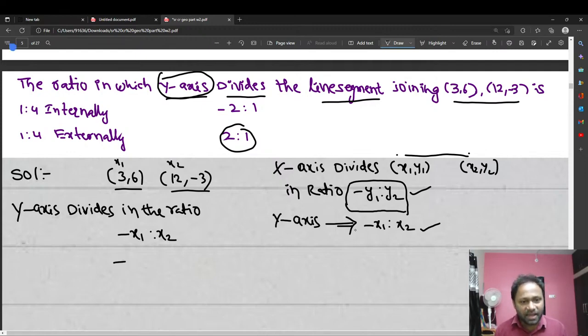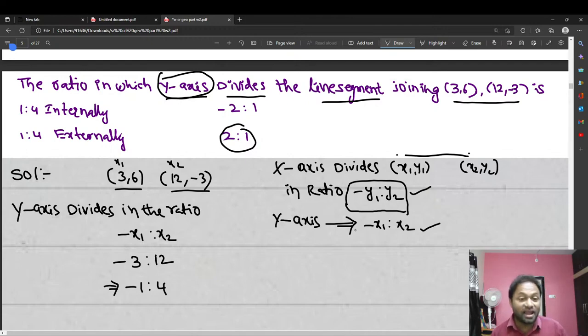Minus 3 is to x2, which means 12. That means minus 3 is to 12, which is 1 is to 4. Now you can say what the answer will be. Jyoti says C is the correct answer.